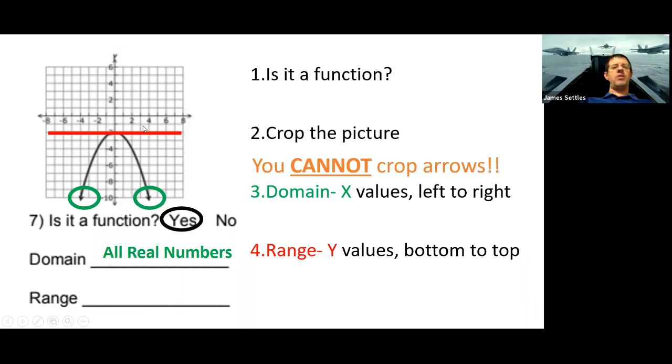Well, if I'm only cropping the top, then you would only put the symbol on the right-hand side where the bigger number goes. If you're only cropping the bottom, then it would go on the left-hand side. So I'm only going to put a less than symbol on this side, and then the top number was at -2. I wasn't touching an open circle, so we do put an equal to bar.